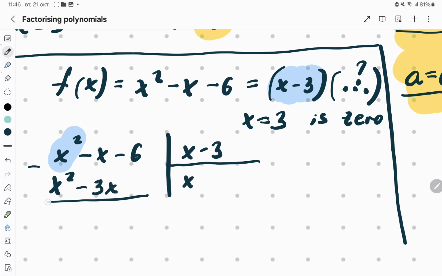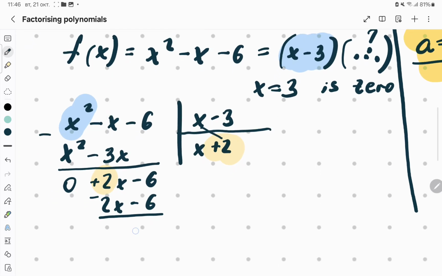Now let's subtract. After subtraction we'll have 0 and plus 2x. Now we bring down negative 6, and since we have a leading coefficient of 2 here, we add plus 2 and multiply. 2 times x is 2x, and 2 times negative 3 is negative 6.